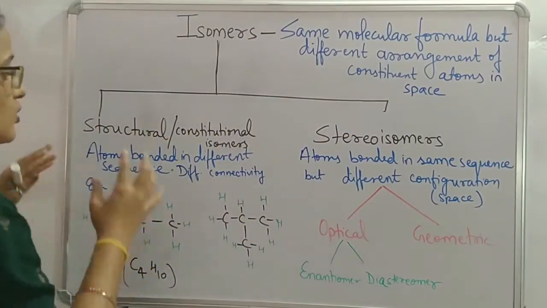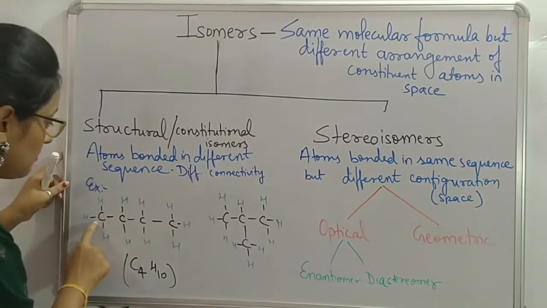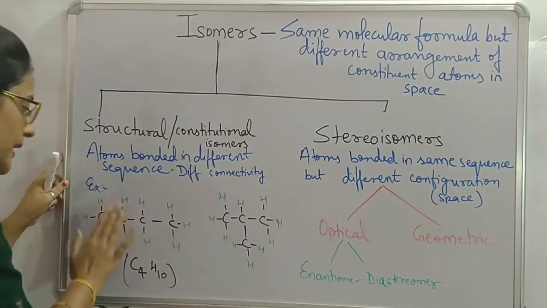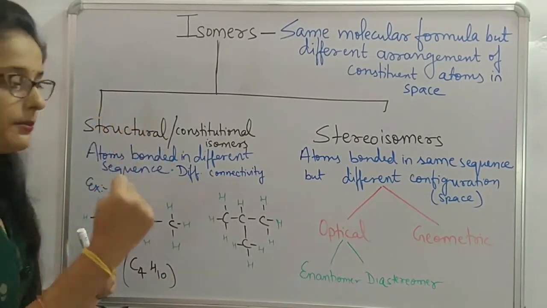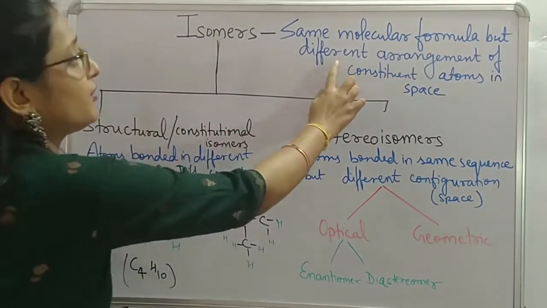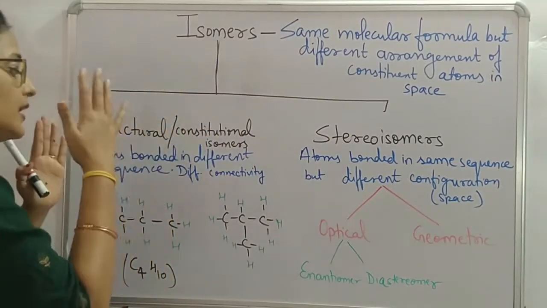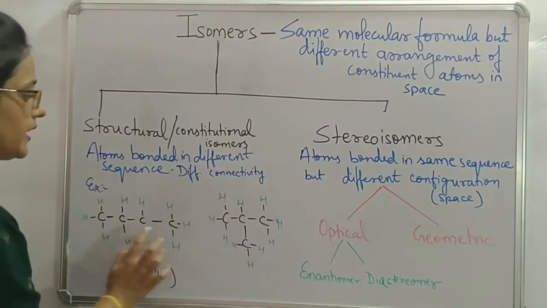In case of structural isomer, the constituent atoms have different connectivity. That is, the main chain is of different types. The main chain has different pattern. Over here, the main chain is having 4 carbon atoms, but over here, the main chain is having 3 carbon atoms. So the different arrangement of constituent atoms in case of structural isomer talks about the different sequence or different connectivity in both these.